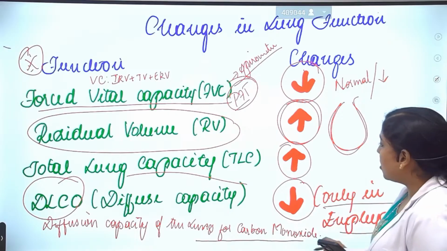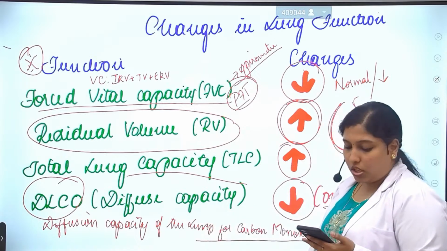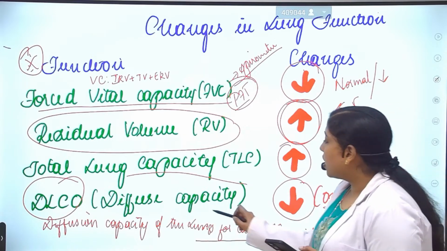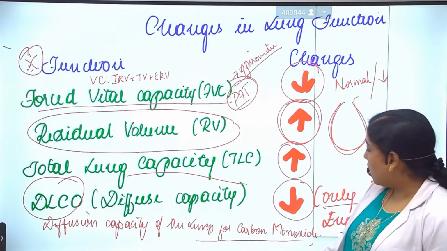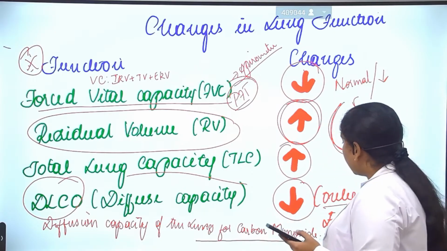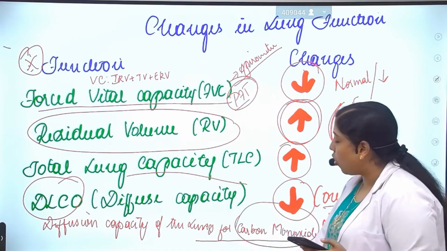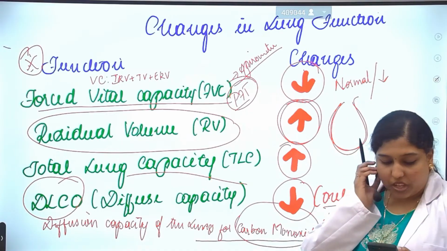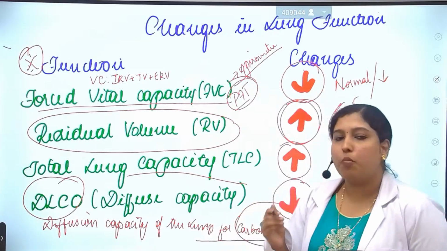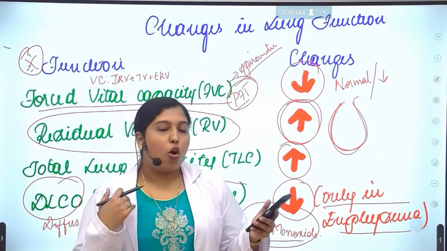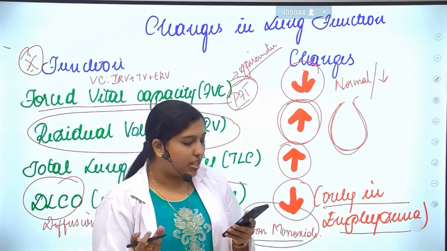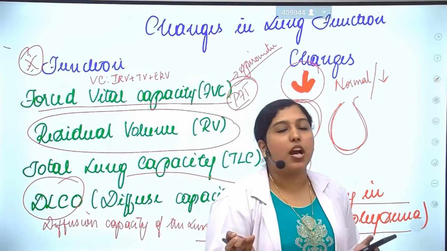So first you have to know what is meant by DLCO. This test is administered by administering carbon monoxide, and it basically tells how effectively the alveoli and the capillary membranes are carrying out oxygen exchange. That will be analyzed by this particular test.